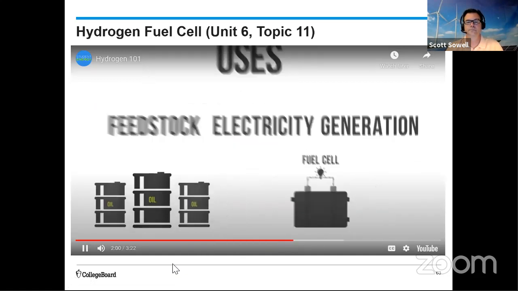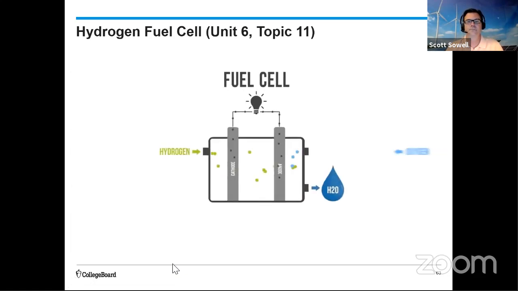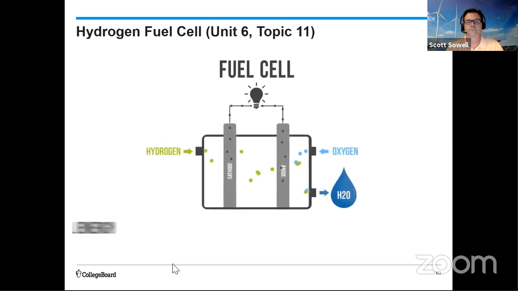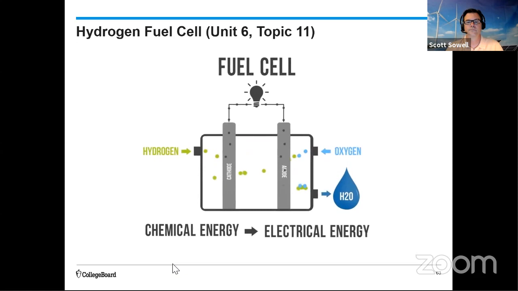Hydrogen can also be used for electricity production through a fuel cell. A fuel cell is an electrochemical cell which produces electricity by converting chemical energy into electrical energy. When hydrogen is combined with oxygen in a fuel cell, it produces heat and electricity with only water vapor as a byproduct. Fuel cells are unique in terms of the variety of their potential applications.